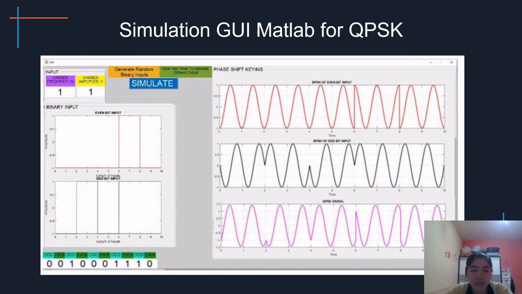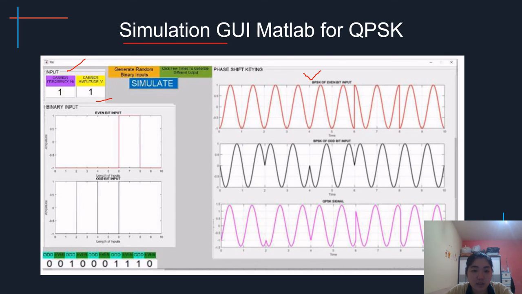Next, this is about the simulation GUI MATLAB for QPSK, and this is the design of QPSK using GUI. This is the input, and then this is the output.